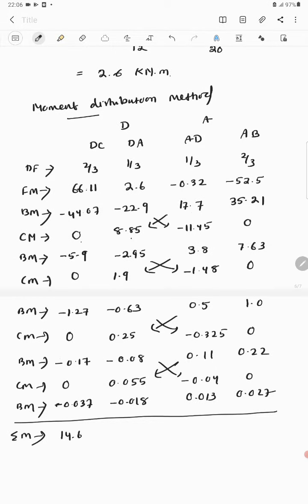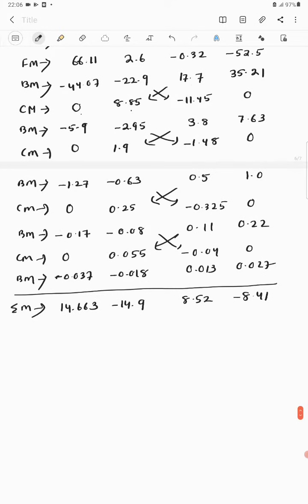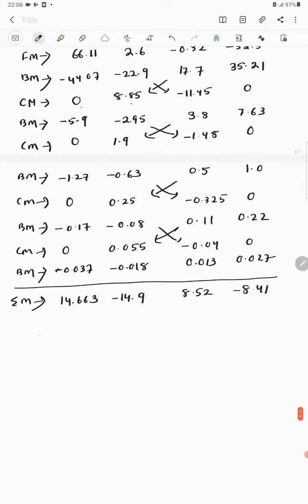This is 14.663 minus 14.9, 8.52 minus 8.41. Now you can repeat the same procedure. Free end moment at E we have already calculated, that is 78.74 kilonewton meter in case 2, that will be the same.